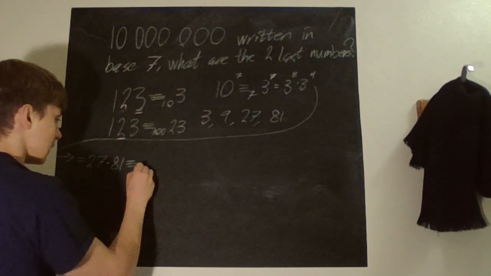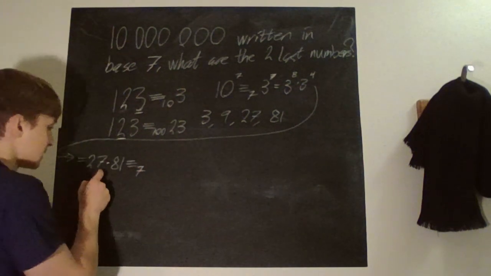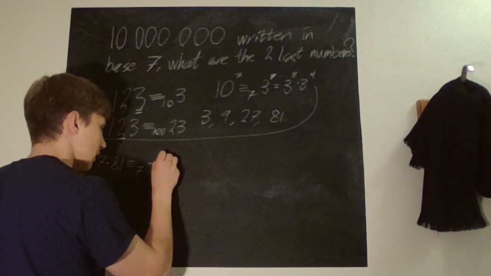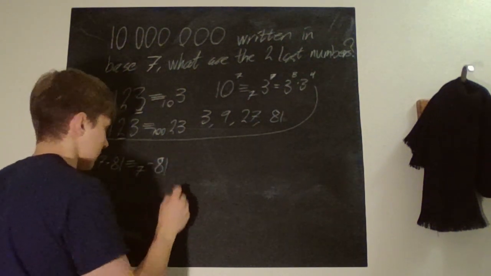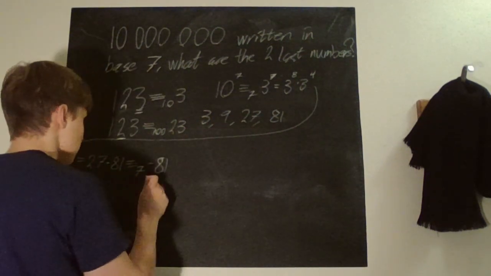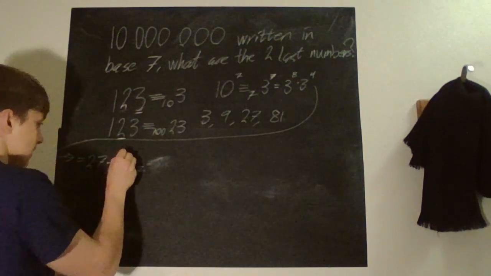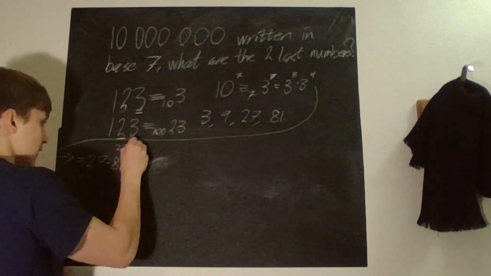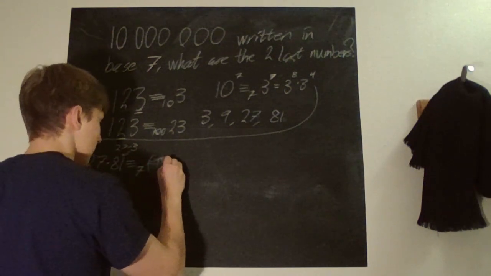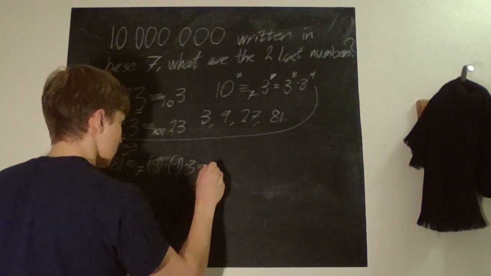Modulus 7, the 27 is just minus 1. Since 81 is 27 times 3, we have minus 1 times minus 1 times 3, which is just equal to 3.